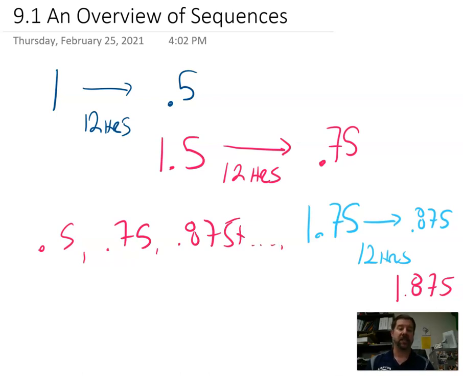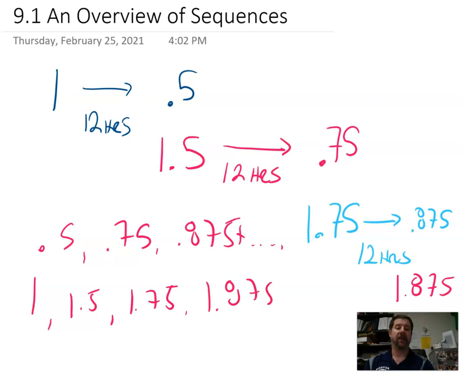And then the other one is at the high end: 1, 1.5, 1.75, 1.875. That is a sequence at the other end. But a sequence is just a list of numbers. And using these sequences, we could answer this question.